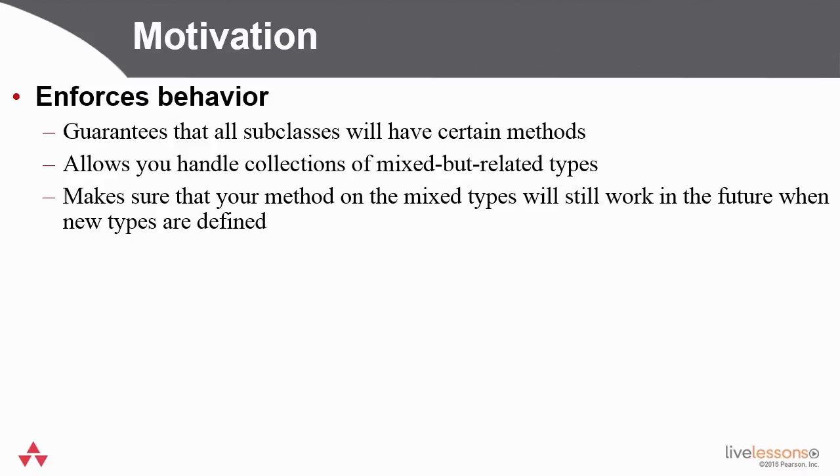And finally, just as with the previous solution, it makes sure that methods that handle mixed types will still work in the future when new types are defined. The way that it can guarantee this is because you know ahead of time that all future subclasses will have the appropriate method and will have their own specific implementation of that method.